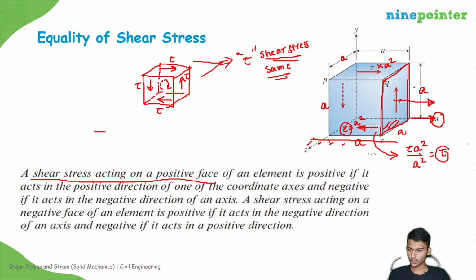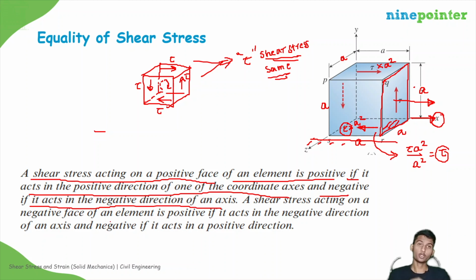So a shear stress on a positive face of an element is positive if it acts in the positive direction of one of the coordinate axes, and it is negative if it acts in the negative direction of an axis. For a negative face, it is positive if it acts in the negative direction of any coordinate axis, and negative if it acts in a positive direction.